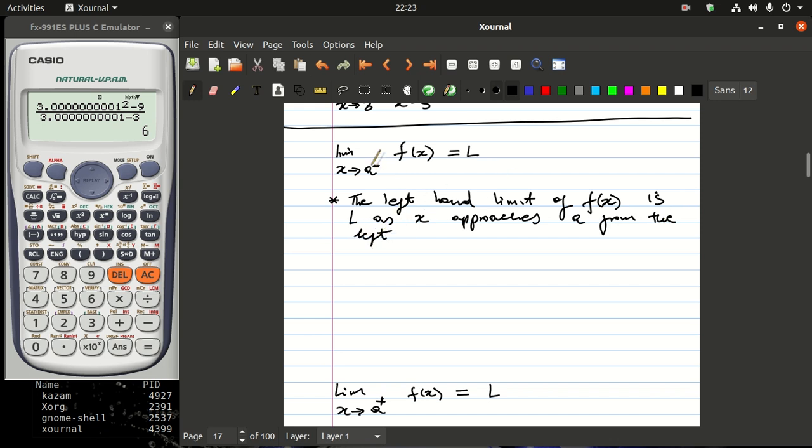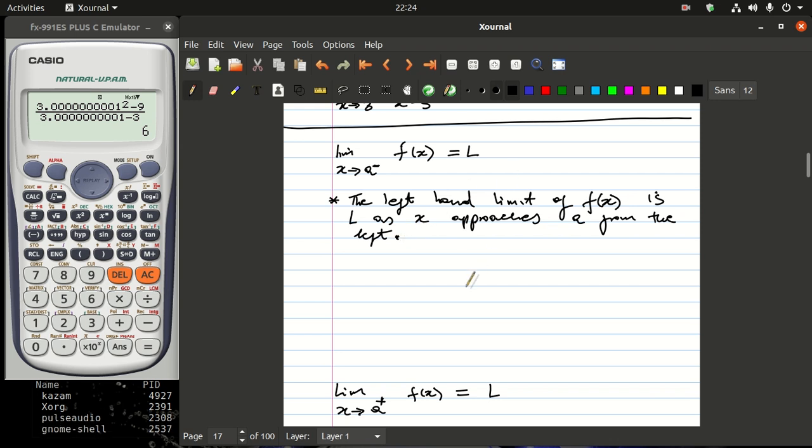So this one is a left hand limit of f of x, and this is still the limiting value. So we can say that the limiting value of f of x as x is approaching a on the left is L. Or we can just say that the left hand limit of f of x is L as x approaches a from the left.